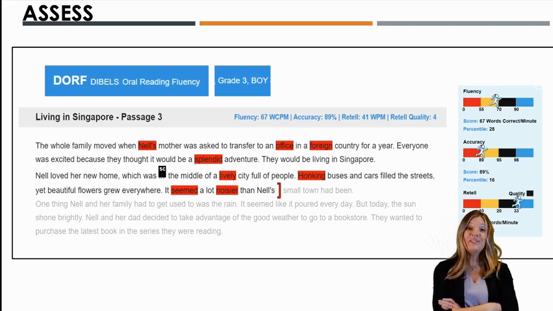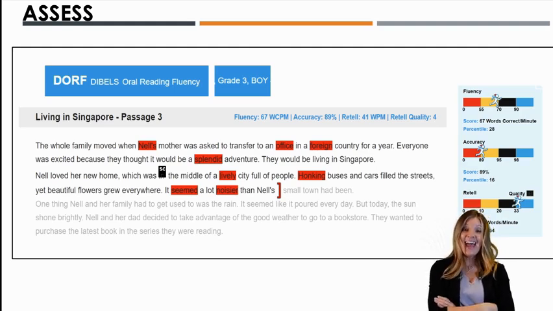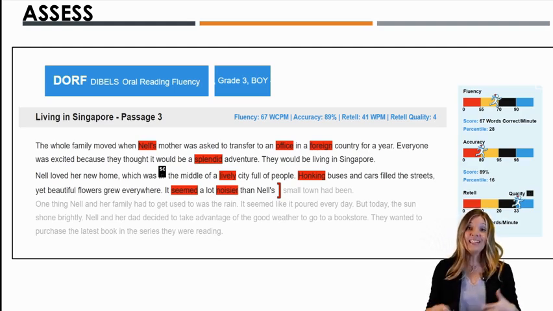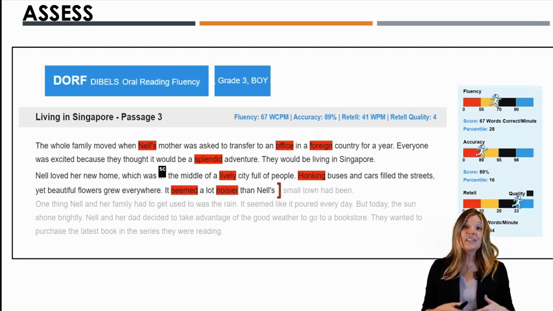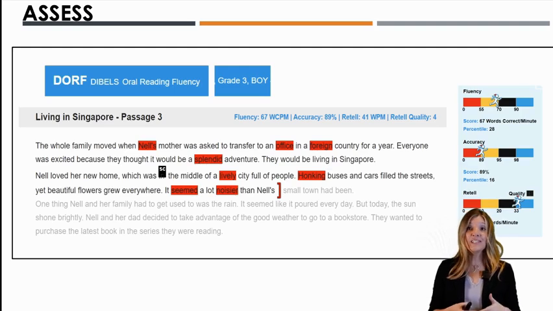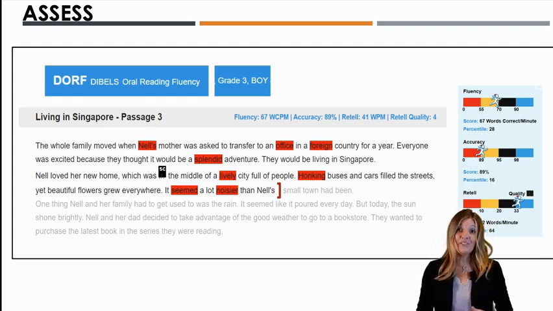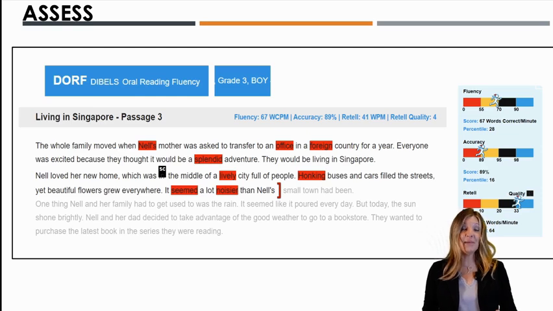If you said you would start your instruction with phonics-based skills and getting them to be accurate, then you are 100% correct. If you look at the words this student is missing, they're often multisyllabic words, so I would make sure they can read single syllable words within those patterns, but also have a strategy to tackle multisyllabic words.